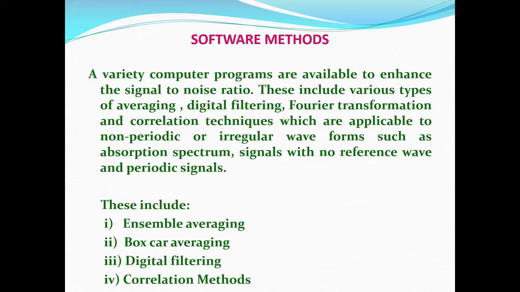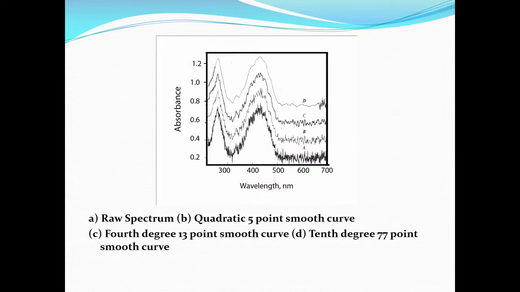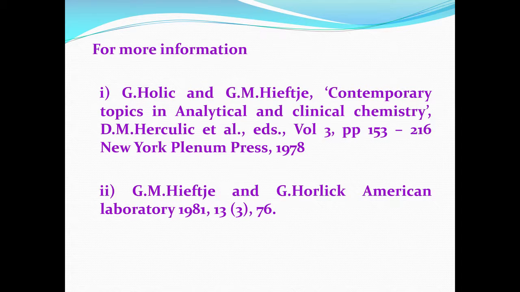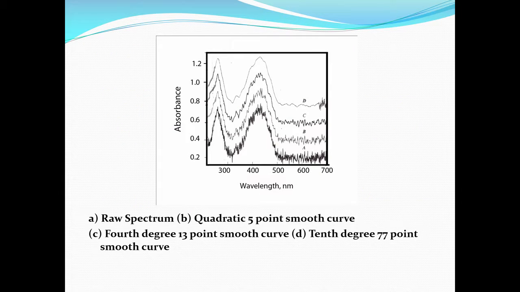So, we will continue our discussion, but before I close this session, I want you to see the raw spectrum here in this figure, and then B is a quadratic 5 point smoothened curve, and C is a 13 point, and D is a 27 point.